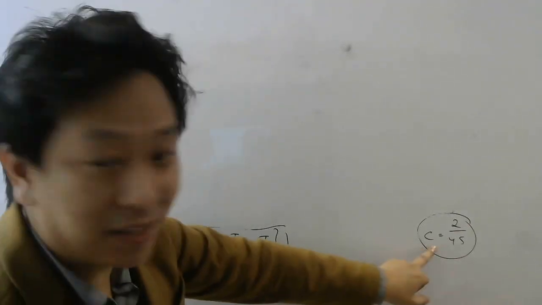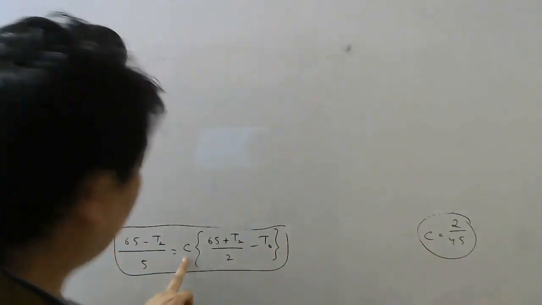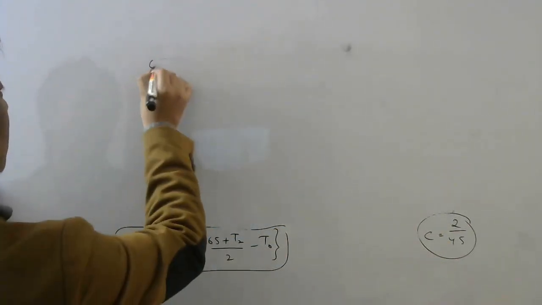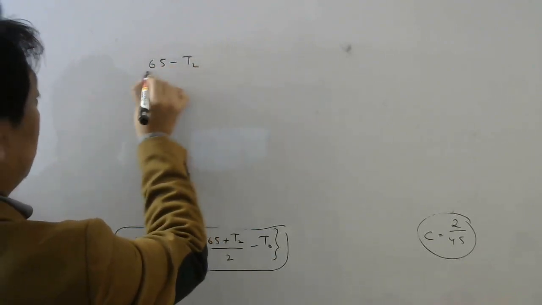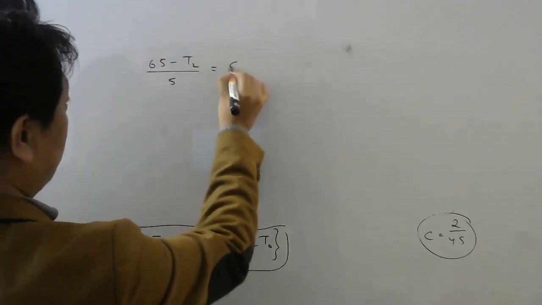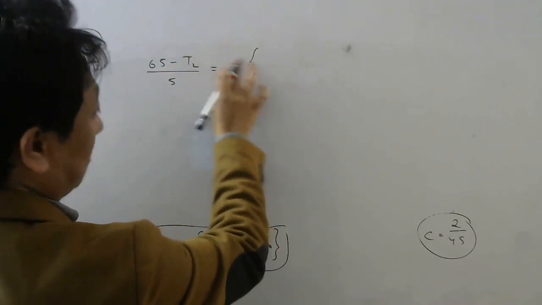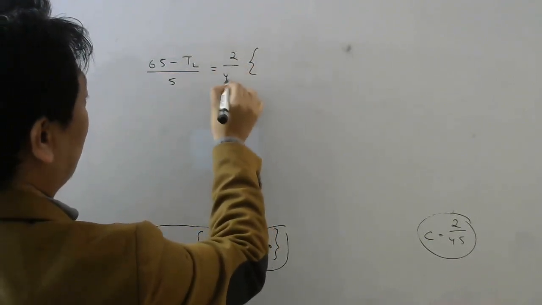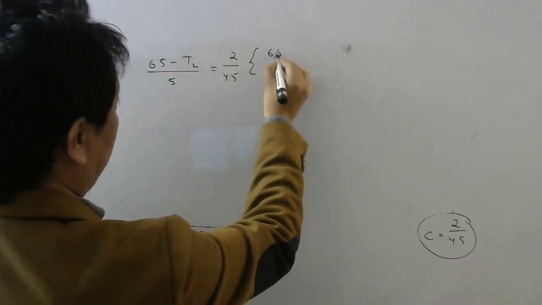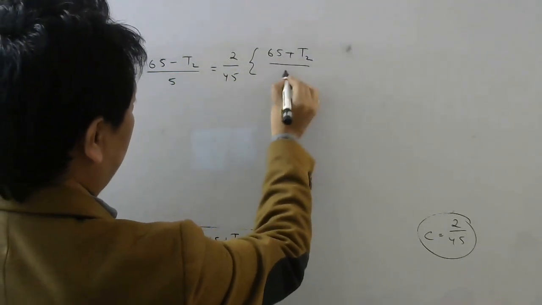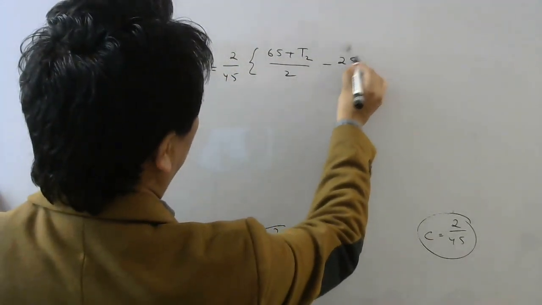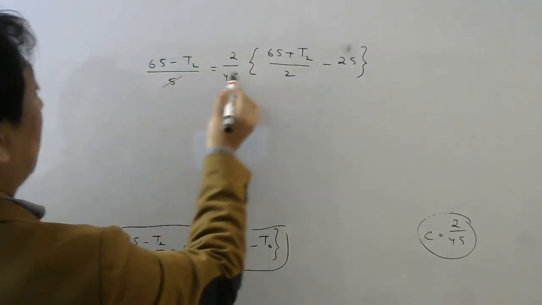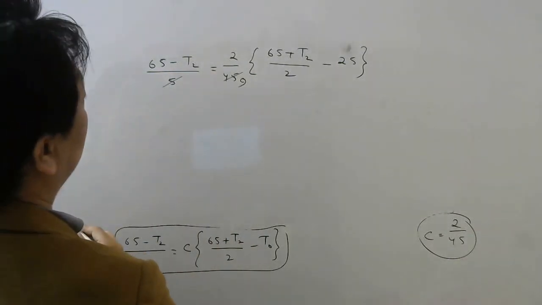So let's put this C equal to 2 by 45 in this equation. I'll get 65 minus T2 by 5 equals C. Sorry, I have to substitute 2 by 45, times 65 plus T2 divided by 2 minus T0, which was 25. So I can write 5 9s, isn't it?